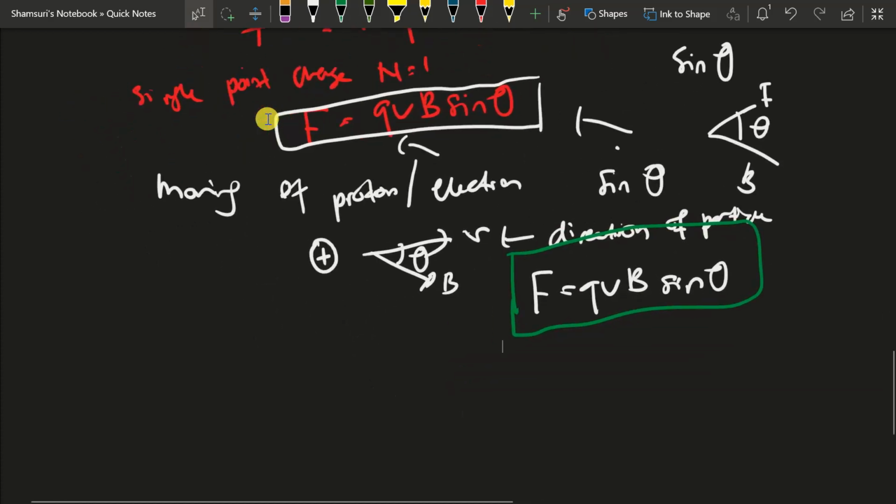And one more thing that you have to know is the direction of force.